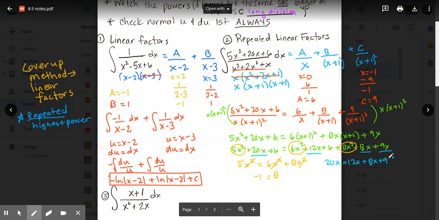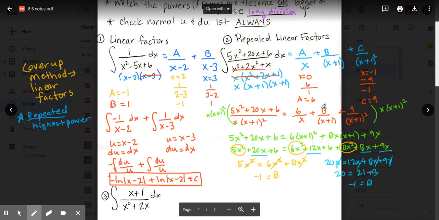All the x's will cancel. You get 20 equals 21 plus b. When I go to solve for b, my b equals -1. Okay, so either way, you can get what b is. You don't have to do it both ways. Just choose one. So now we have a, b, and c.